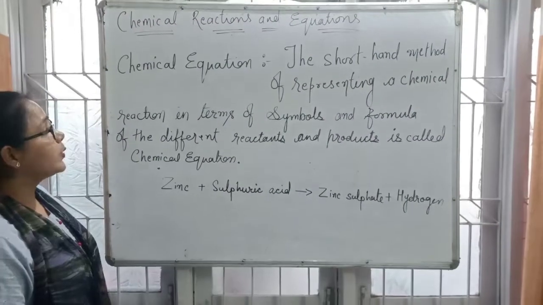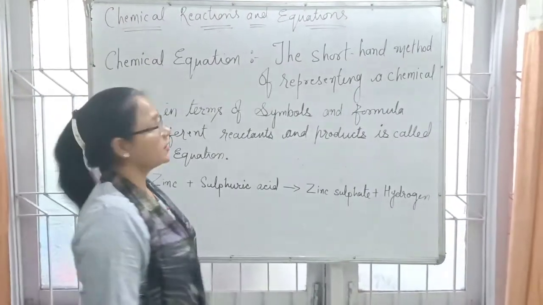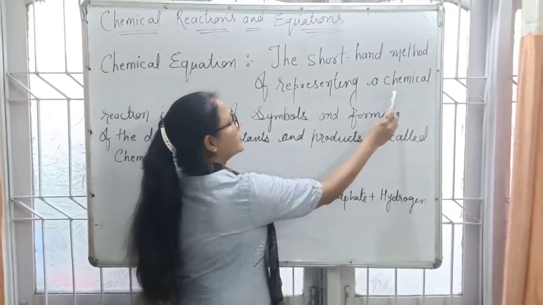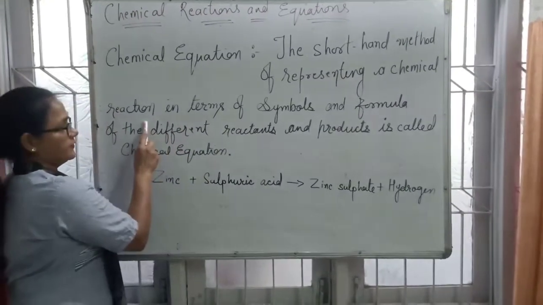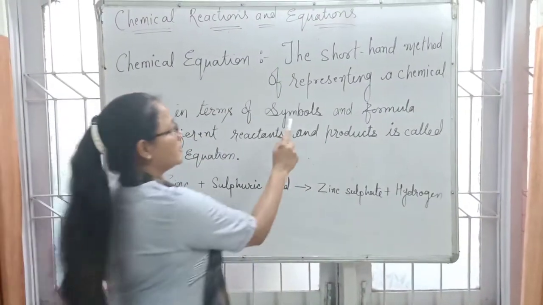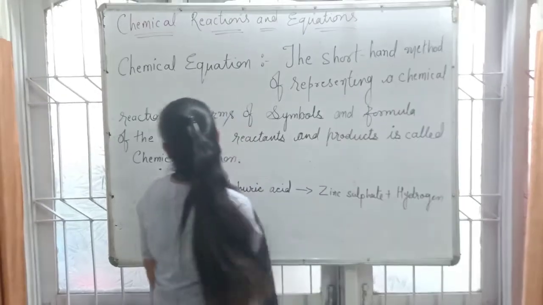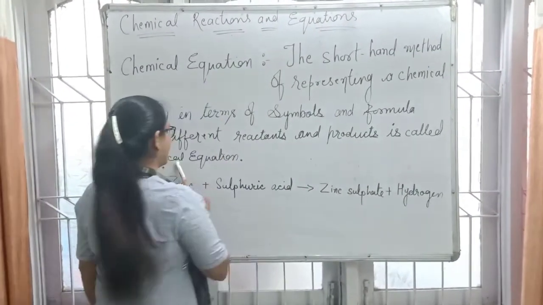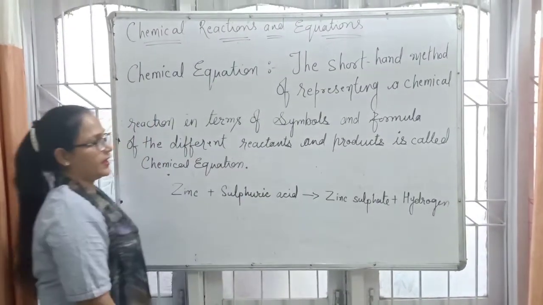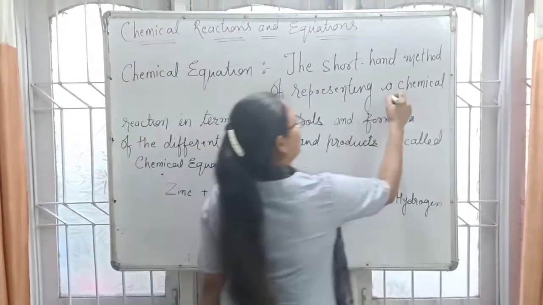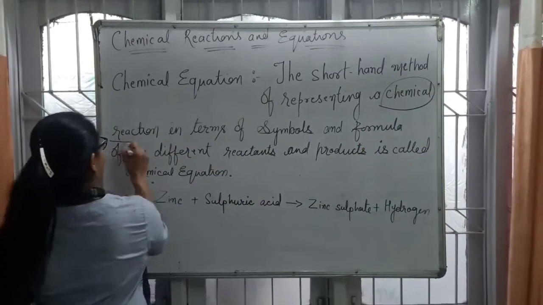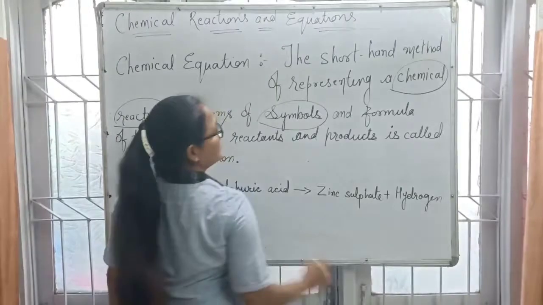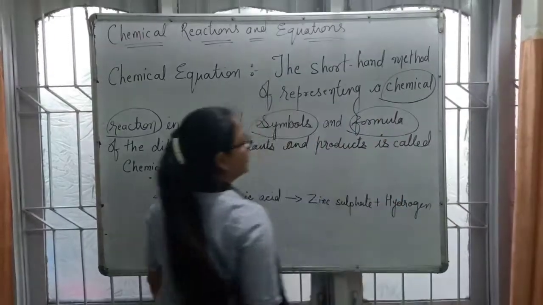Chemical equation. What is a chemical equation? The shortened method of representing a chemical reaction in terms of symbols and formulas of the different reactants and products is called a chemical equation. So here the main terms are chemical reaction, symbol and formula.